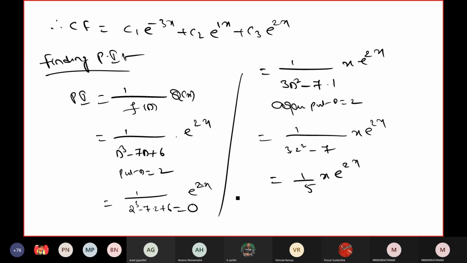రాసుకున్నారా అయిపోయిన వాళ్ళు, the solution is y equal to CF plus PI.